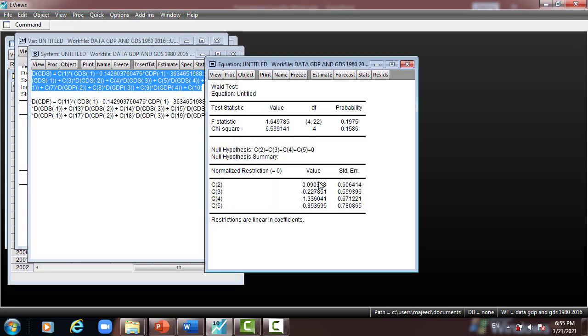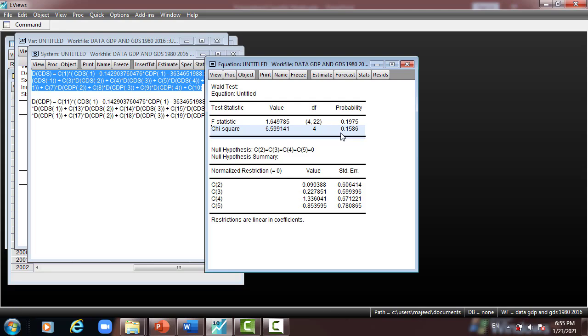I click OK. You can see the chi-square corresponding p-value of 15.86%, which is greater than 5%, meaning that there is no short-term causality coming from GDS lag 1, lag 2, lag 3, and lag 4 to GDS.